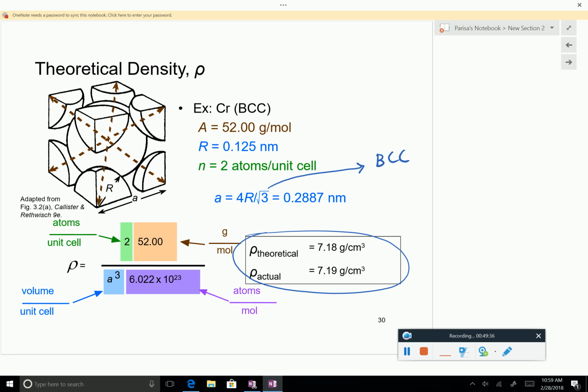So it's really mass divided by volume. Your nanometer is 10 to the negative 9.